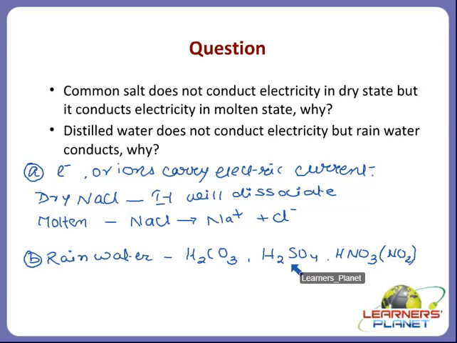H2SO4 will form H plus and SO4 2 minus ions. HNO3 will form H plus and NO3 minus ions. Right? So all these ions conduct electricity.